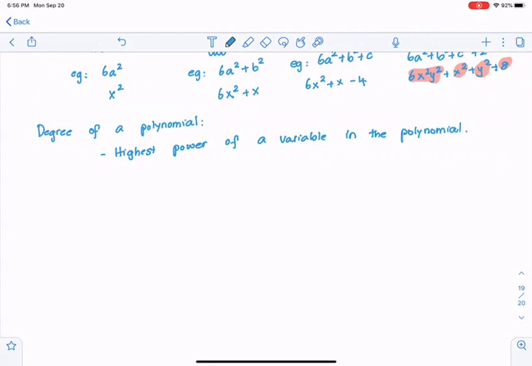It is the highest power of a variable in the polynomial. Now, if I simply have one variable, for instance, if I had x cubed plus x squared minus 1, the highest power is 3. So the degree in this case would be 3.